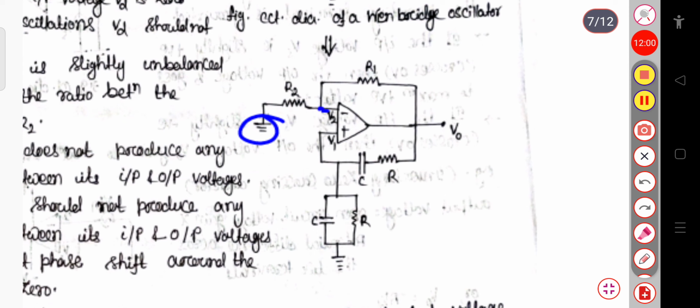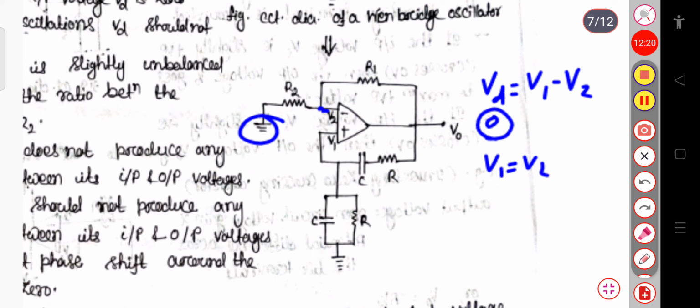If I put, for the ideal case, Vd equal to V1 minus V2, and this Vd value equal to 0, since this differential voltage is 0, we can consider V1 equal to V2.